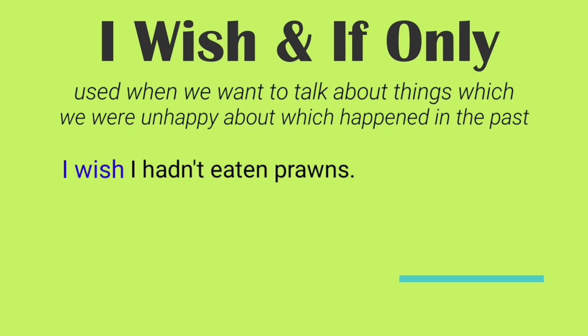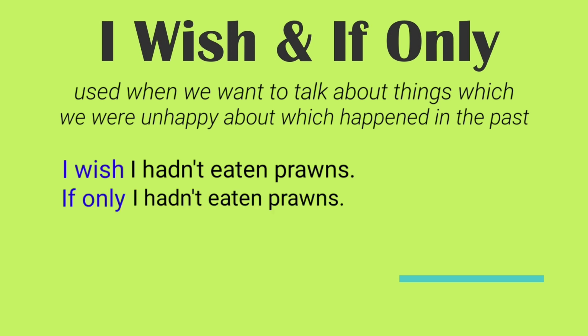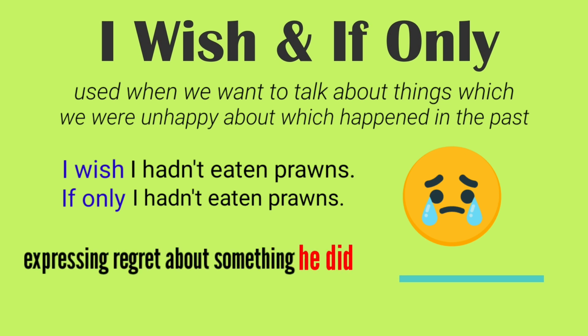I wish I hadn't or had not eaten prawns. If only I had not or hadn't eaten prawns. These two sentences tell us that the speaker is unhappy or maybe sad about eating prawns in the past. He expresses regret about something that he did, probably because the speaker may now be suffering from an allergy.